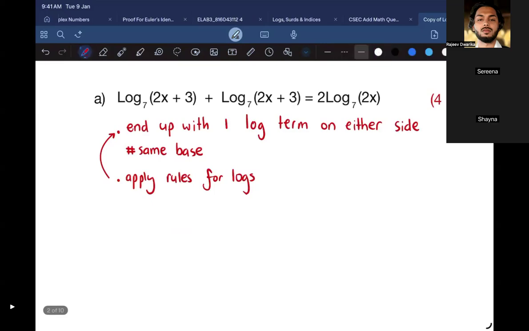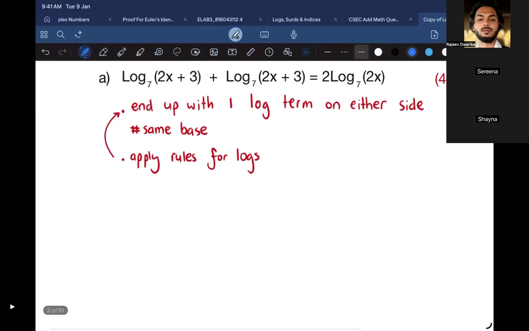First things first, let's look at the left-hand side. On the left-hand side, we have log base 7 terms, and you're adding them. So we're going to apply what rule there? Yeah, the product rule. So you're going to end up with log base 7 of (2x plus 3)(2x plus 3), and I'm going to put an extra pair of brackets so we don't confuse anybody.